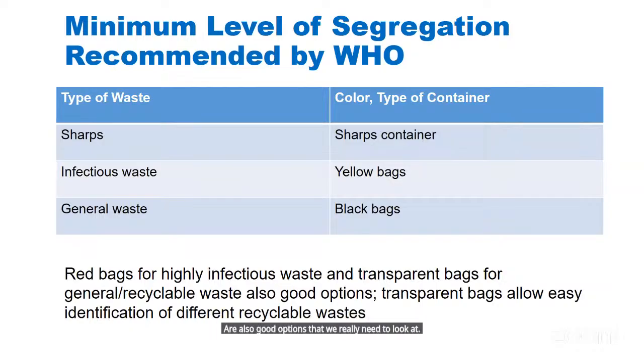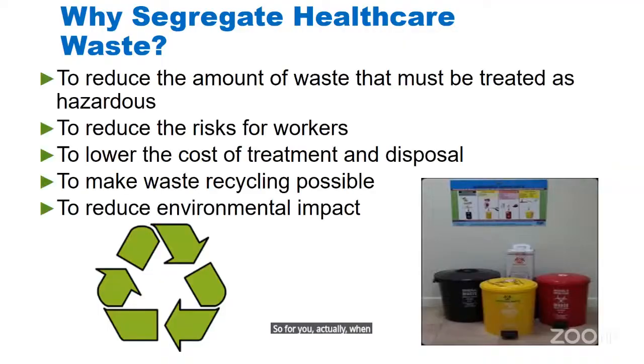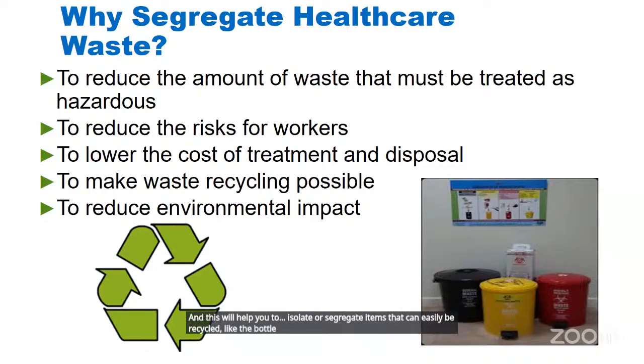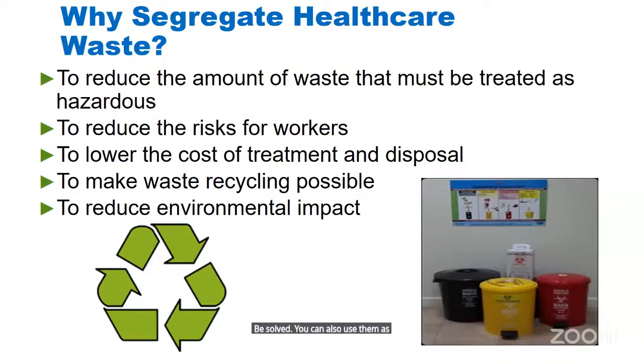When you have a scenario where you want to do waste recycling in your setup, you can come up with another bin, and this will help you to segregate items that can easily be recycled, like water bottles, which can currently be recycled and sold.